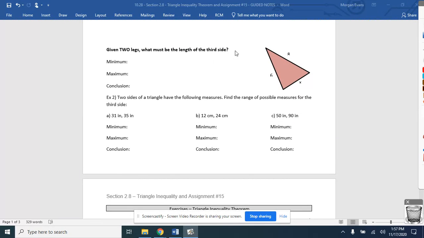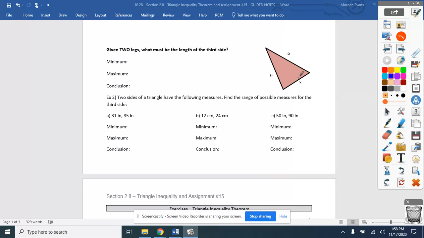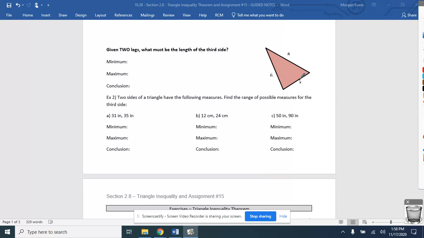Given the two side lengths, what must be the length of our third side? Well, we know that our two shorter lengths added together has to be greater than this value. So we know that if this has to be greater, then for the minimum, we can find the difference between them.